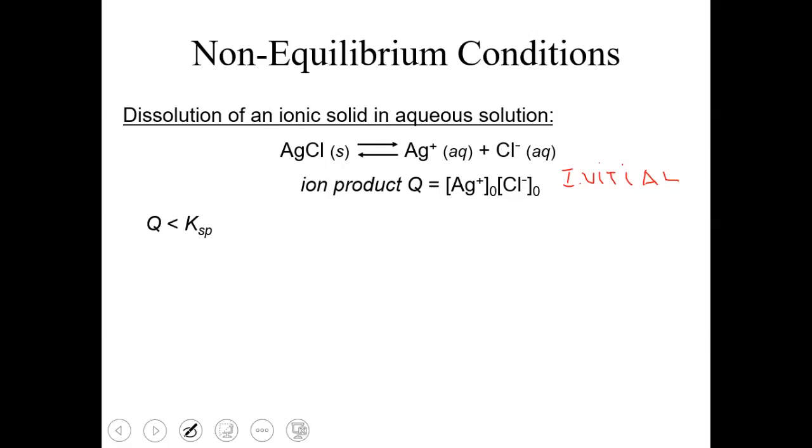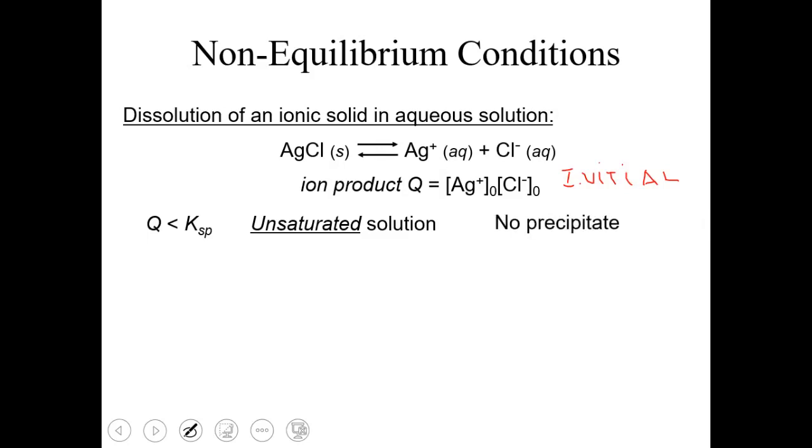So let's say that we calculate this ion product and it turns out that it's smaller than KSP. Well, that means essentially that you are not getting the same value that you would get if the system were at equilibrium. And so what you have here is an unsaturated solution. In other words, this is a solution where the whole silver chloride would be dissolved, right?